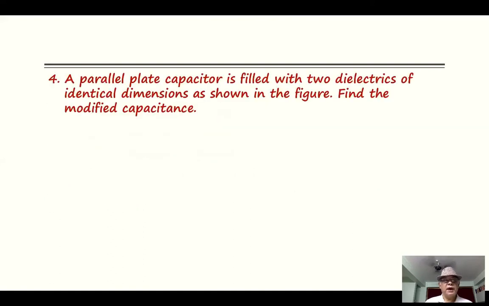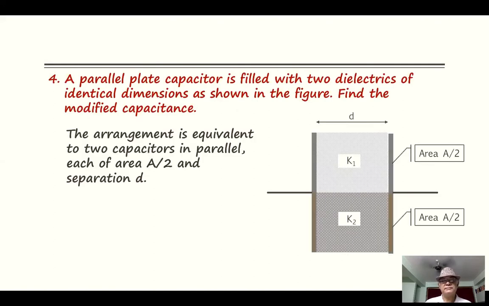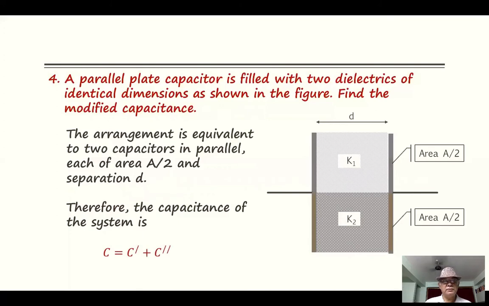Number 4. A parallel plate capacitor is filled with two dielectrics of identical dimensions as shown in the figure. Find the modified capacitance. The arrangement is equivalent to two capacitors in parallel, each of area A by 2 and separation d. Therefore, the capacitance of the system is C equal to C dash plus C double dash.